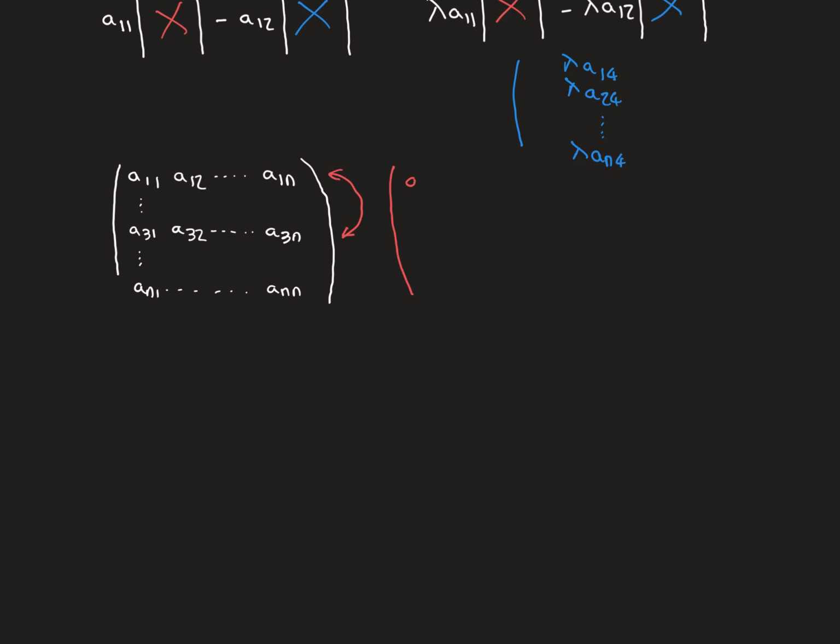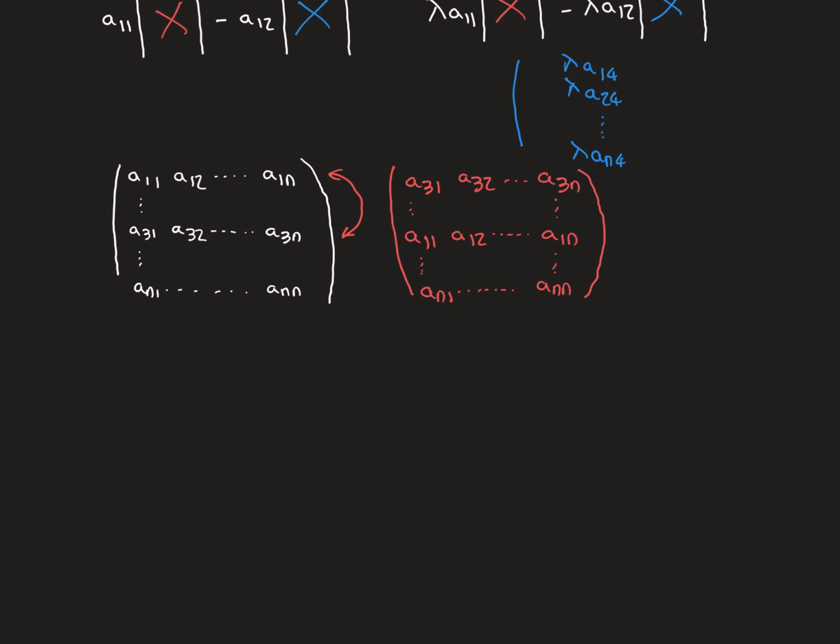So the new matrix is going to be A31, A32, all the way along to A3n. Row 2 has remained the same, that hasn't changed, but then row 3 has changed. It's now got the entries of row 1 there, so A11, A12, all the way along to A1n, and then the rest of the rows in this matrix haven't changed. The nth row, for instance, is still exactly where it was, so AN1, ANN.